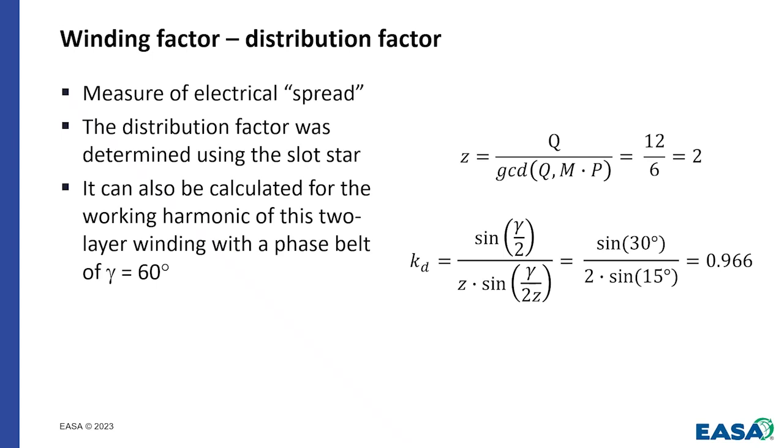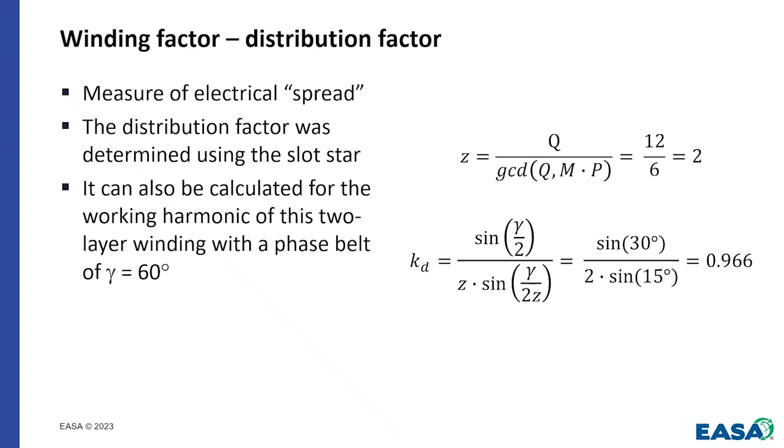Is that related to efficiency? So if my distribution factor is 1, right, my efficiency is going to be much higher than something where the distribution factor is lower. It'll be sort of related to efficiency in the respect that if your distribution factor is higher, you won't have to have as many turns in each coil to get the same back EMF.